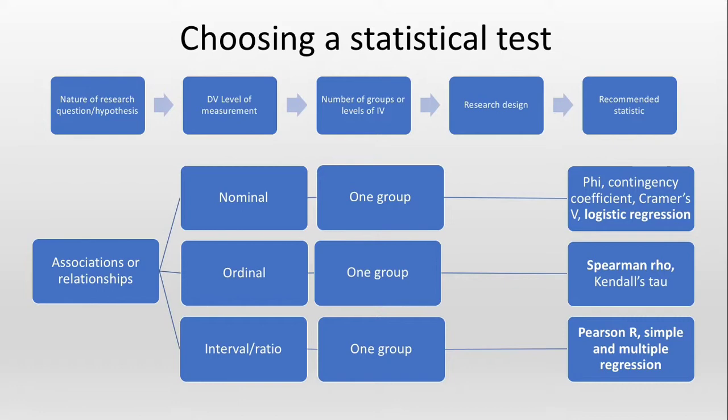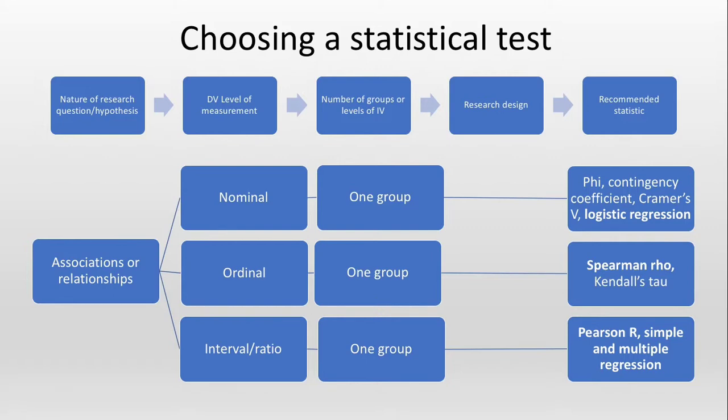Here's another flowchart that I put together to help you think about choosing a statistical test, or when you're reviewing a manuscript or research article. It helps you understand what test they chose and if they're correct. The first thing is to think about the nature of the research question and the hypothesis. If they're looking at relationships between an independent and dependent variable, that takes them down the road of simple correlations.